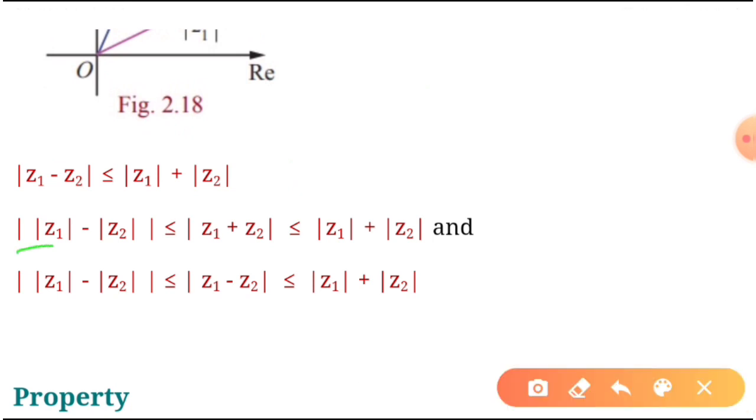Here, right? But modulus of z1 plus z2 is less or equal to modulus of z1 plus modulus of z2. Okay.